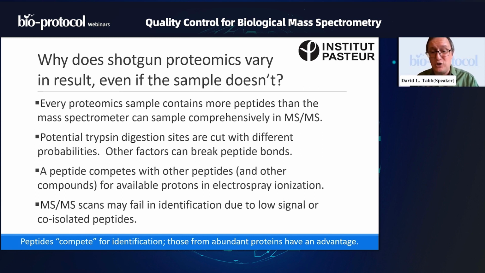If I don't change my sample, how could it be possible that the result would change? There are a lot of factors that come together, so I've tried to summarize these again. Every proteomic sample contains more peptides than the mass spectrometer can sample comprehensively in MS/MS.